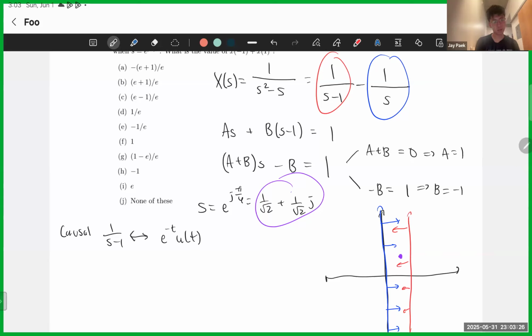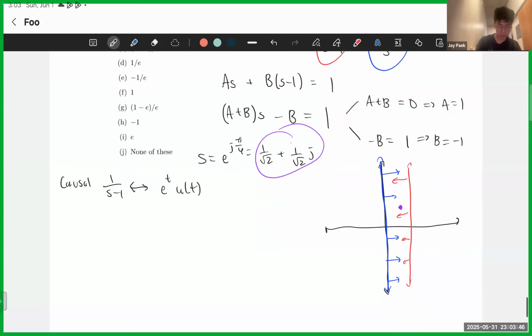I hope that is right. Actually, let me just check. I don't want to be too wrong here. No, it should be just t. Yeah, it should be just t.